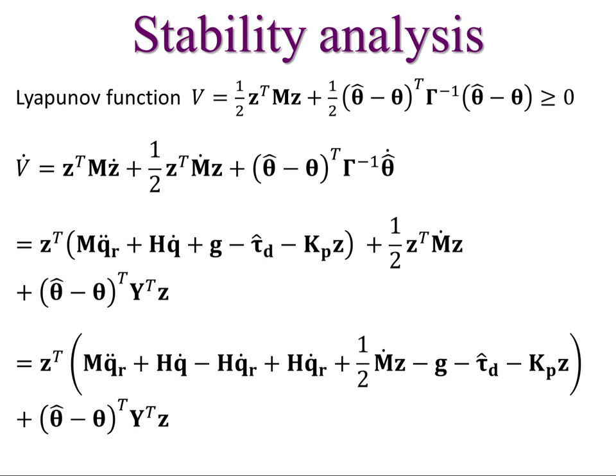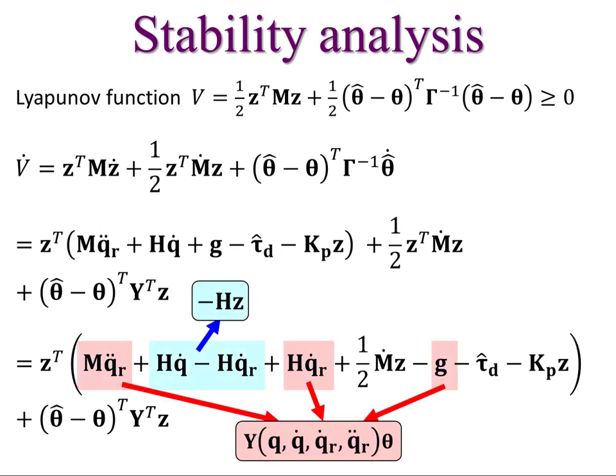Since the first and second terms on the whole right side of the equation are the ones where the transposition of Z is multiplied from the left, we put the second term in the first term. Here, the second and third terms in the first parenthesis are H Z from the definition of vector Z. The first, fourth and sixth terms are Y theta from the definition of the regressor used for the adaptation law.